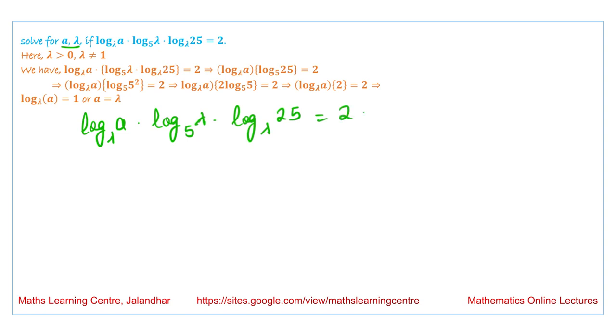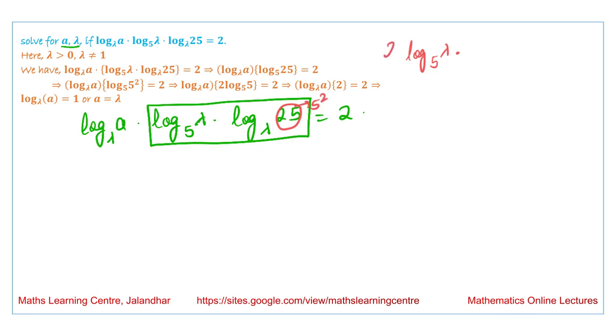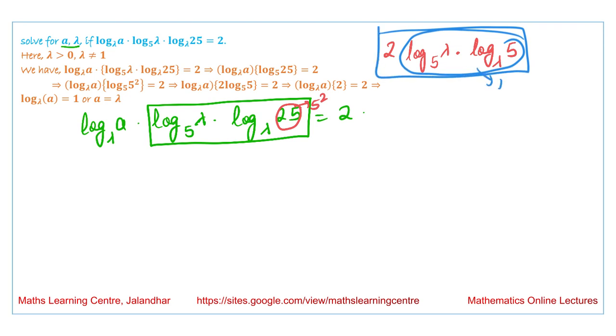So if we look at these two terms, we can write log lambda to the base 5, and 25 we can write as 5 square. 2 comes out, it is log of 5 to the base lambda, and the value of this term is equal to 1. So the whole term we obtain is equal to 1. So the answer we obtain over here is 2.